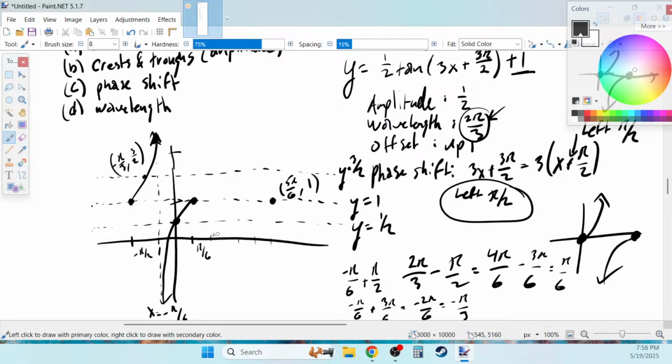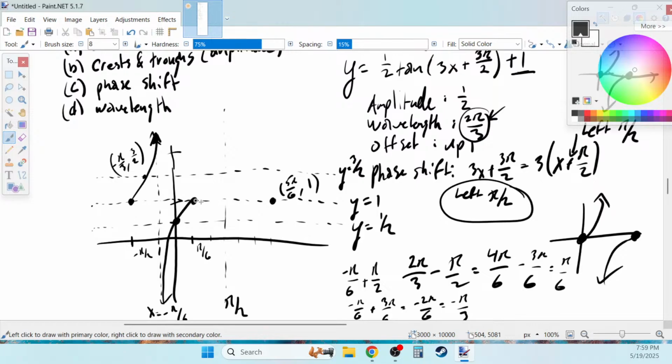Halfway between pi over 6 and 5 pi over 6, we add those together and divide by 2, we get pi over 2. We're going to get our asymptote at pi over 2.